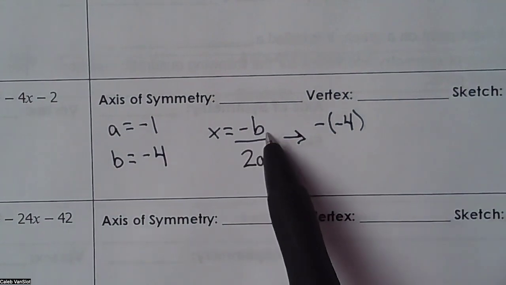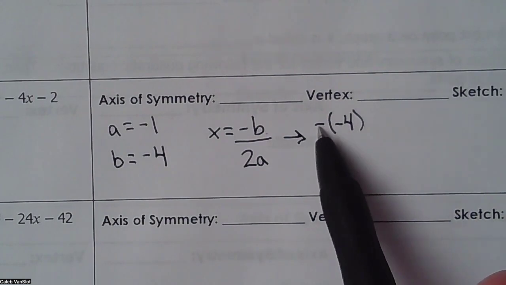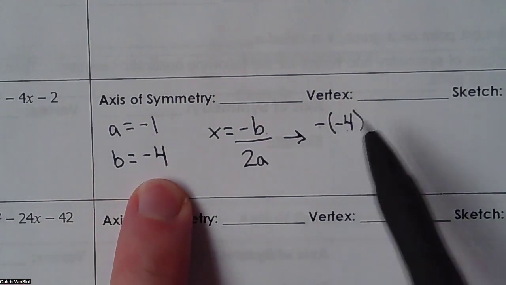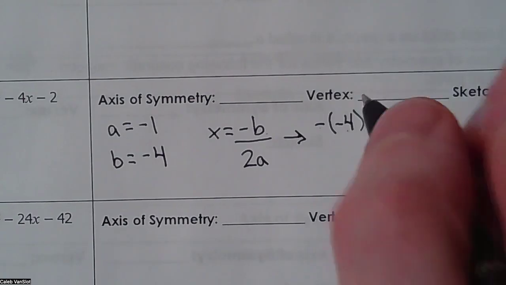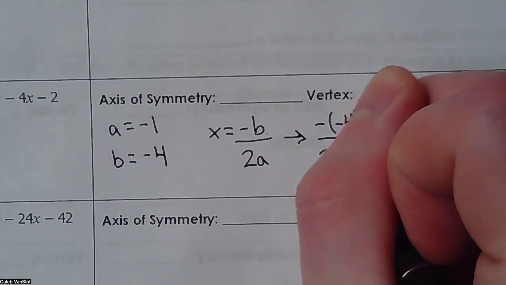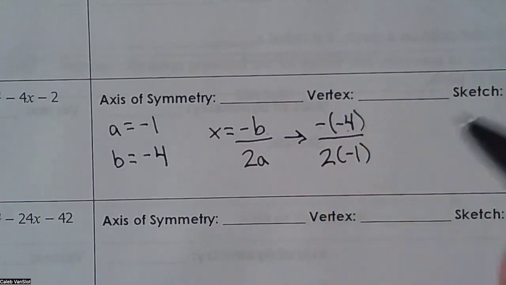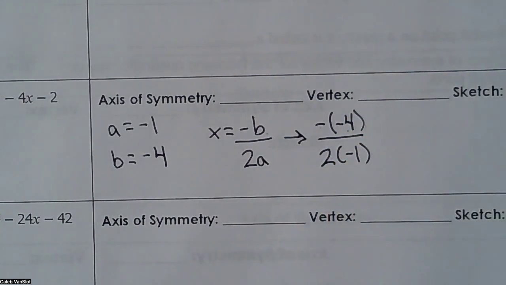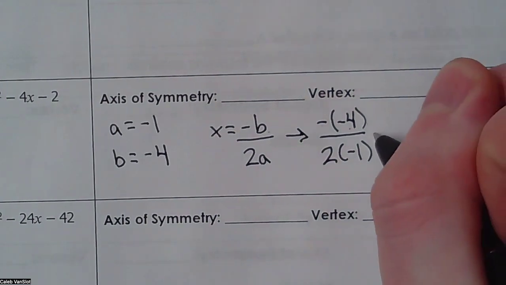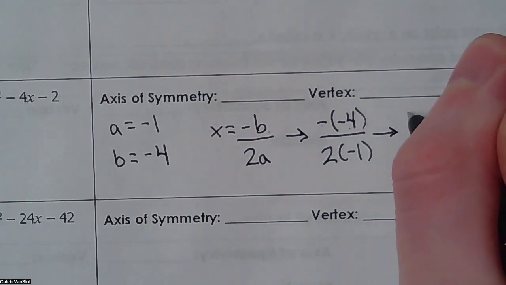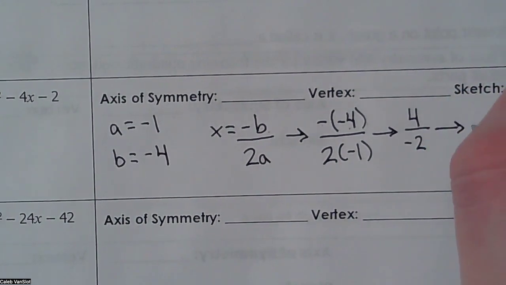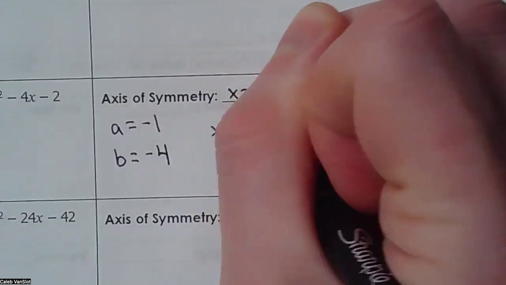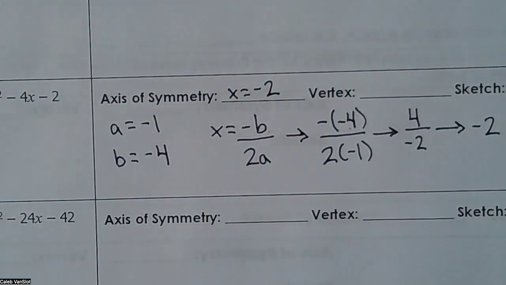So if we have negative B, my B is negative 4, right? Make sure the whole thing goes in there. And then on the bottom, we have 2 times negative 1. So if we simplified this, we would have positive 4 over negative 2, which is going to give us negative 2 as our axis of symmetry. Okay.